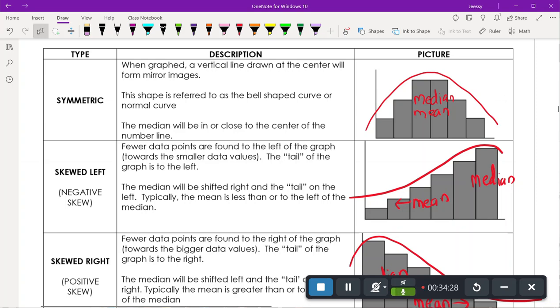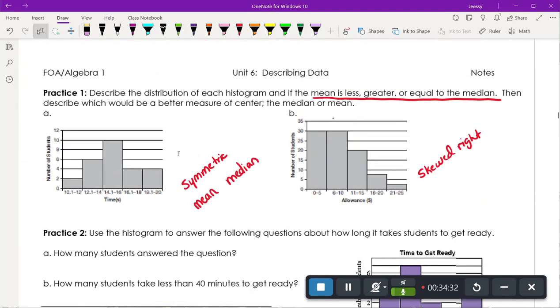Yes. You see they're on top of each other? That means they're pretty much going to be the same value. All right. Mean versus the median. If you're skewed right, what's the relationship? Less than, greater than, or equal to the median? The mean is greater than the median?